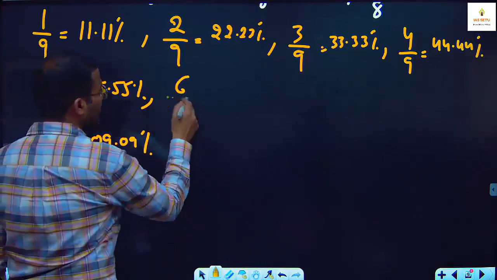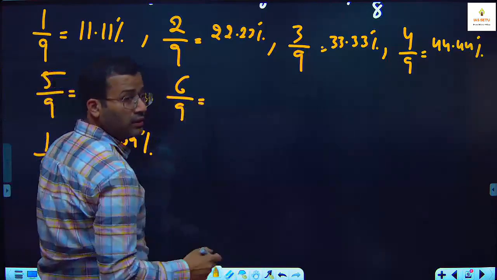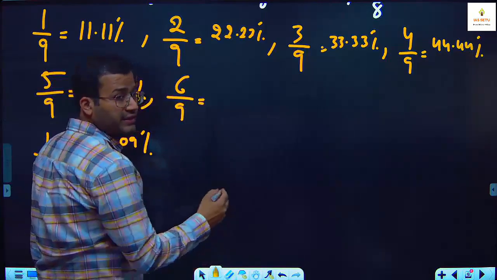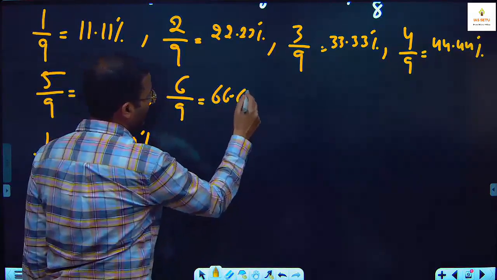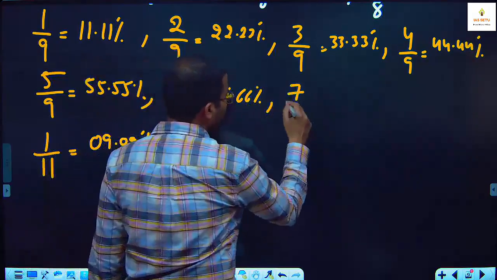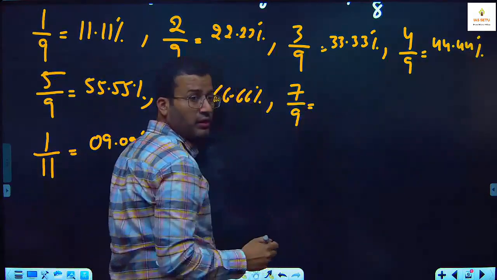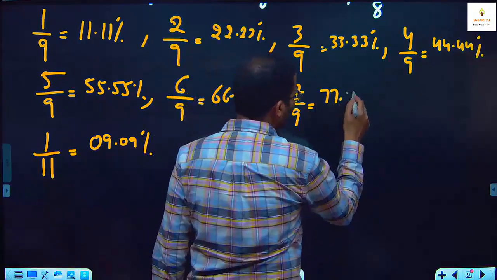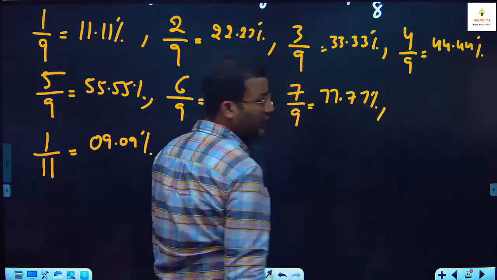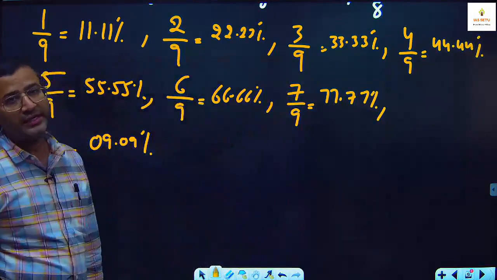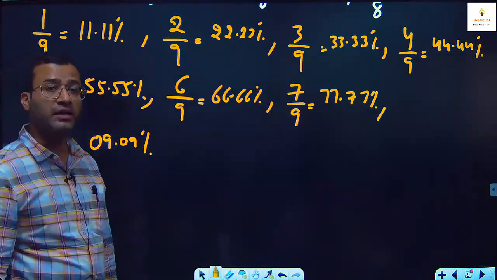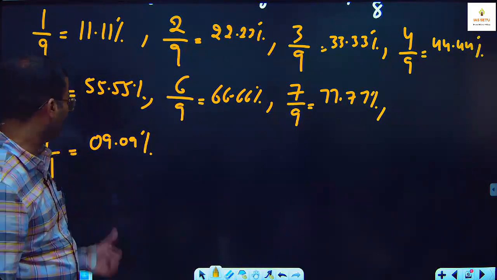Next is 6/9, 66.66%. 7/9, 77.77%. 8/9, 88.88%. 9/9, 100%. उसको 100 लेने का.